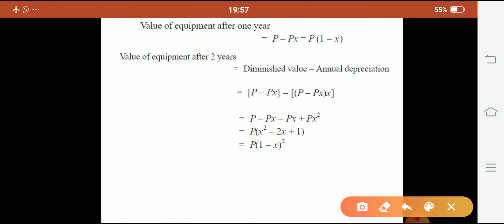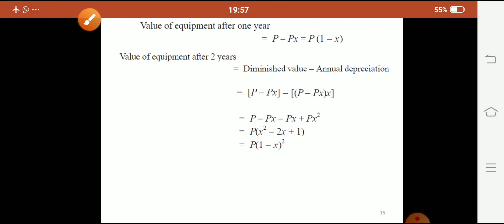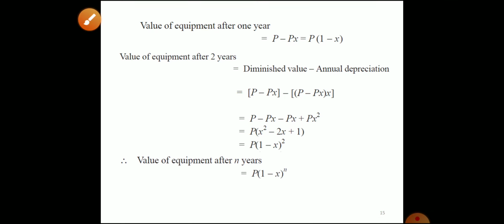It means the value of the equipment after 2 years will be equal to P(1 minus X) squared. Therefore the value of the equipment after n years we can calculate as P(1 minus X) raised to n. For 2 years we considered the power of 1 minus X as 2; for n years, similarly, we take the power of 1 minus X as n.